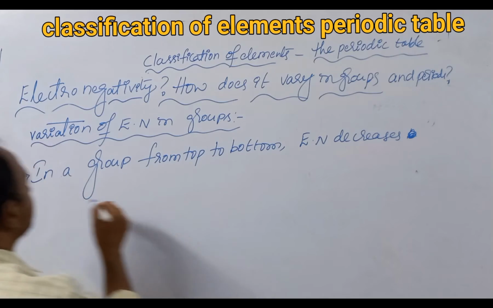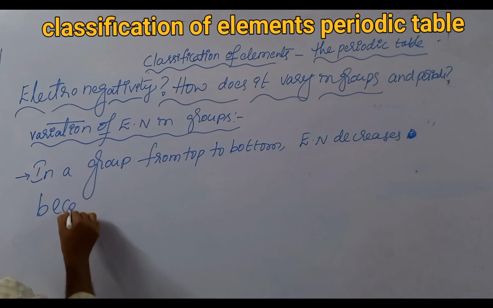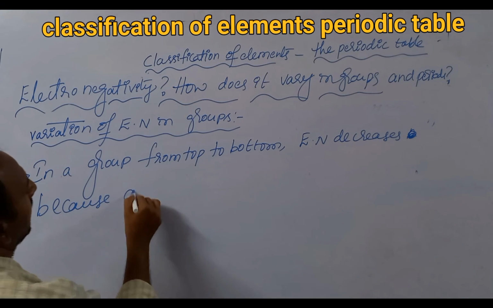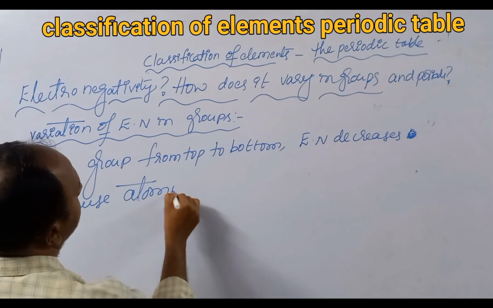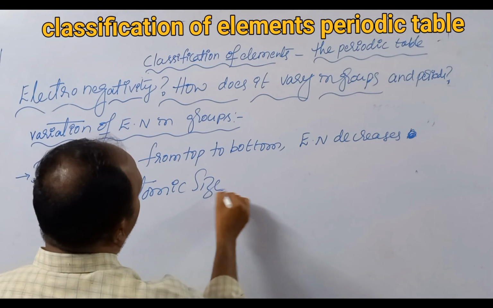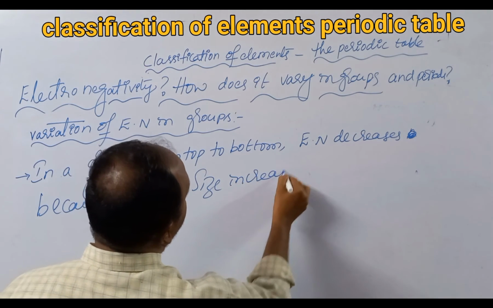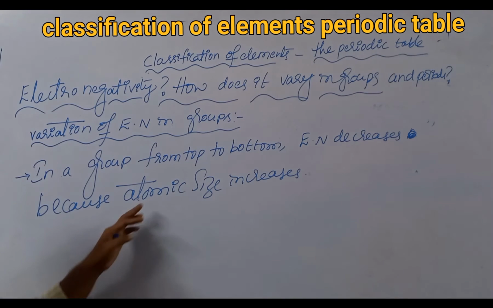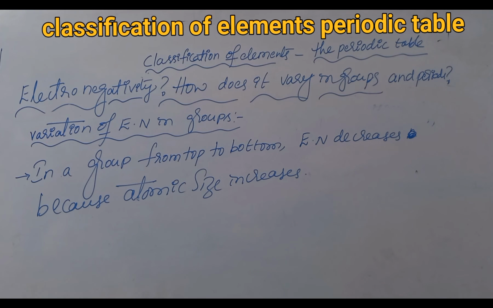In a group from top to bottom, electronegativity decreases because atomic size increases.